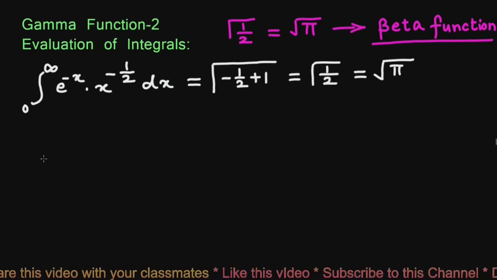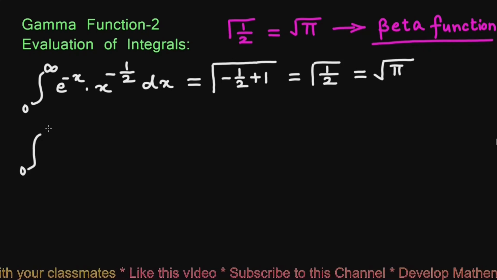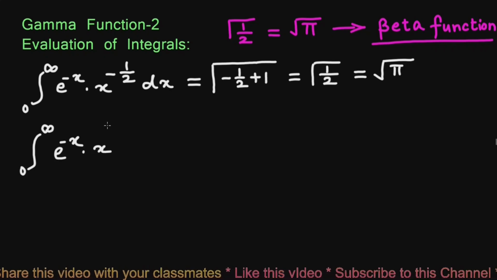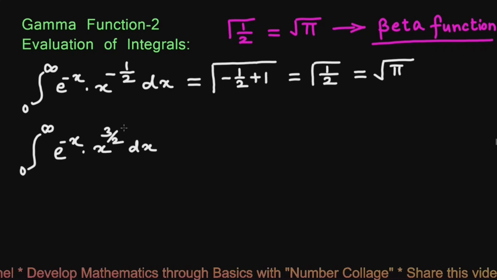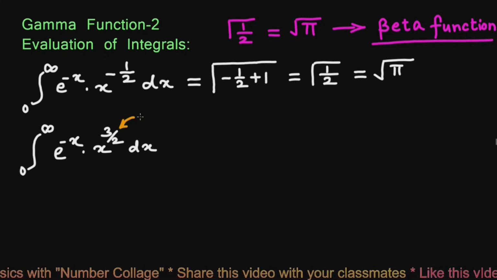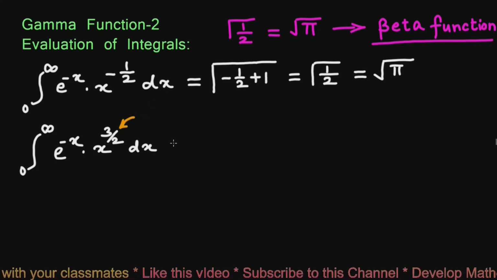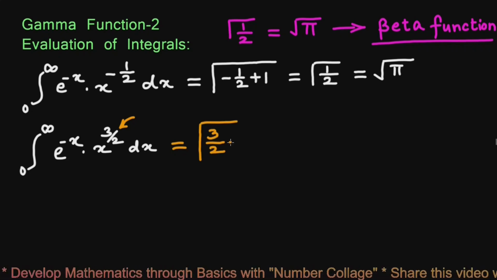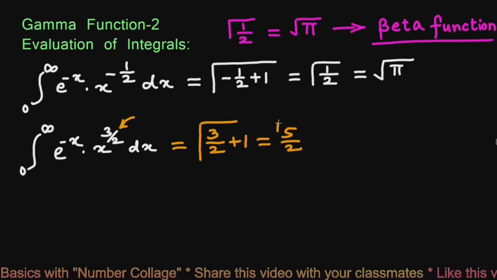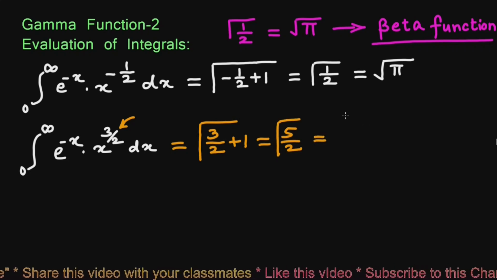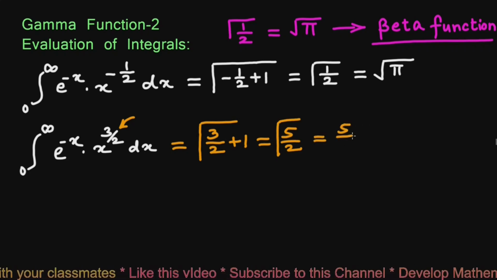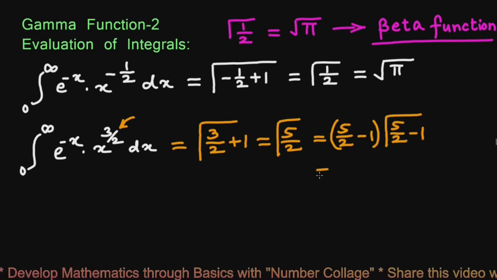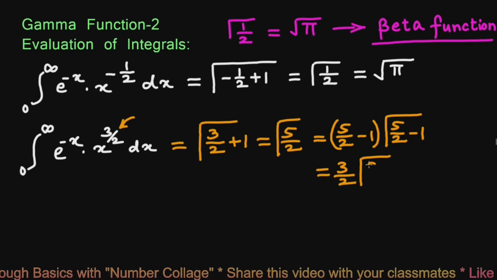Next integral is from 0 to infinity of e raised to minus x into x raised to 3 by 2 dx. Here we have chosen the power of x to be a positive fraction, which according to the property will be gamma 3 by 2 plus 1, that will be gamma 5 by 2, which again by property will be 5 by 2 minus 1 gamma 5 by 2 minus 1, which will be 3 by 2 gamma 3 by 2.